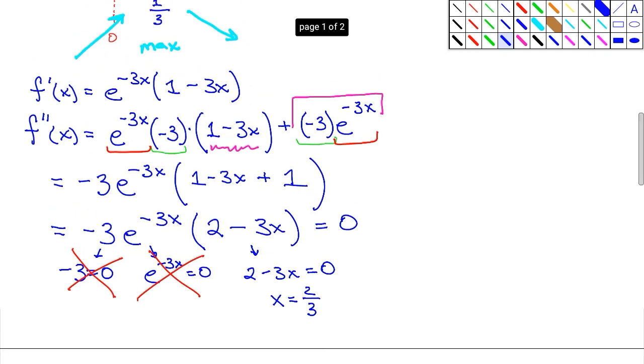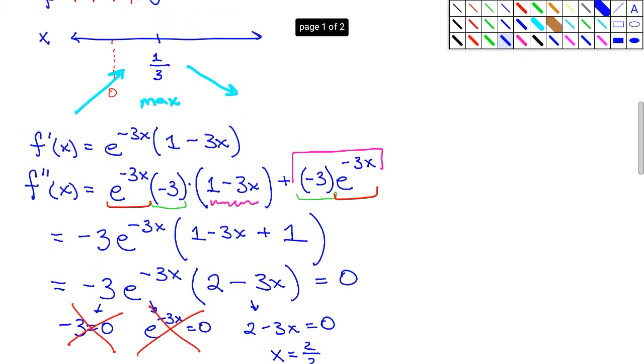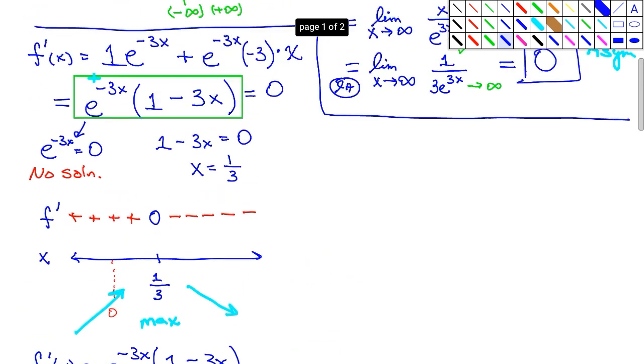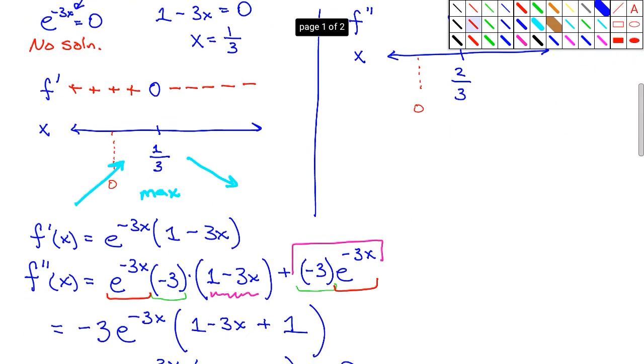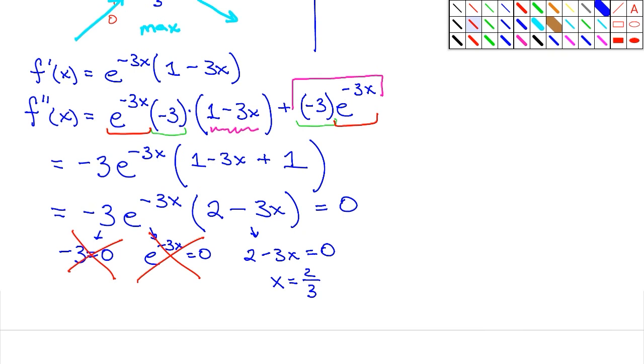All right. Let's make a sign chart for the second derivative. I'm running out of space, so let's go ahead and put it up here. So second derivative in x, and let's test at x equals 0. So let me write out the signs here.